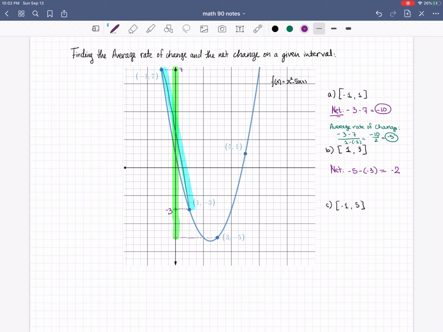So again, the value of the function fell between 1 and 3. But if you compare, talking now about average rate of change, yes, the value fell in both cases, but if you compare how quickly it fell, you'll notice that in the second problem, the descent is a lot less steep.